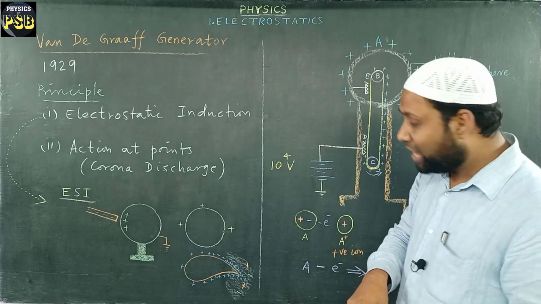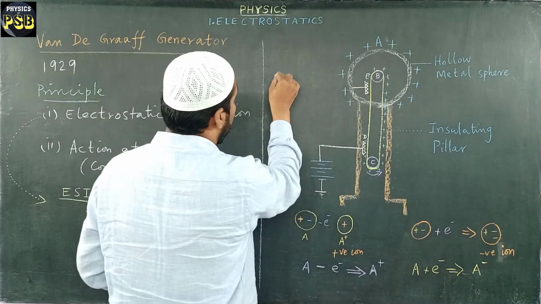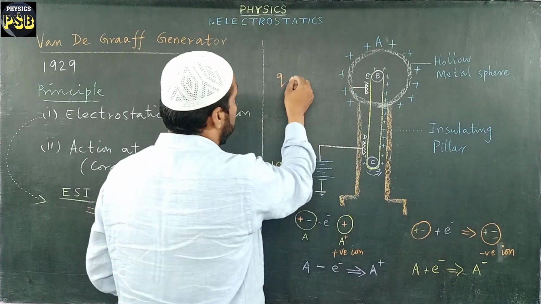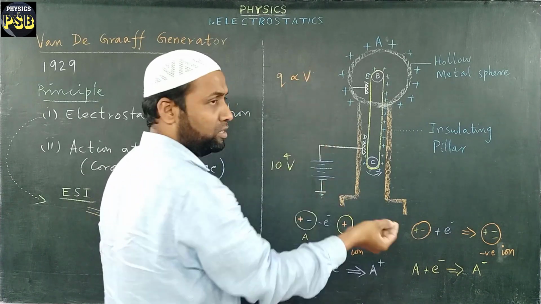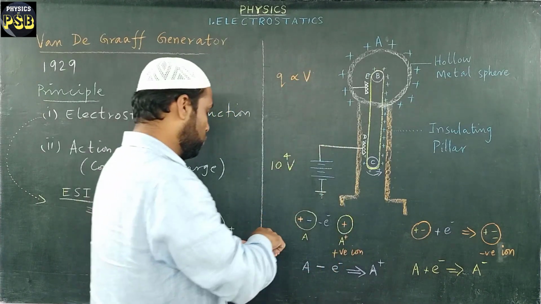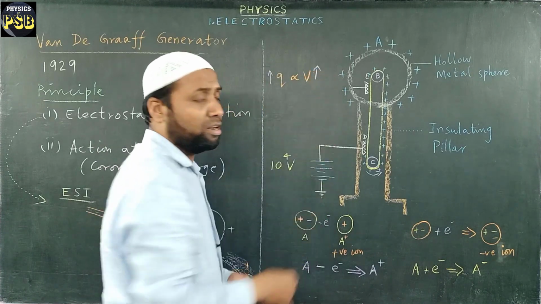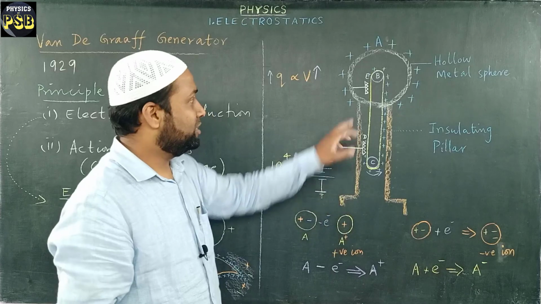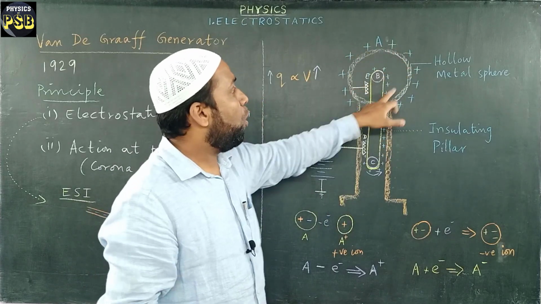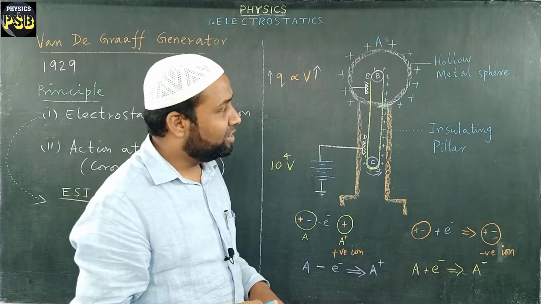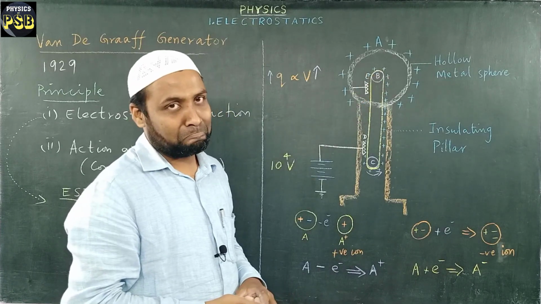As the charge increases in the metal sphere, we know charge supplied to a conductor is directly proportional to voltage or potential. When the charge increases, the potential of the conductor also increases. So here, the accumulation of more and more charge on the metal sphere increases its potential.